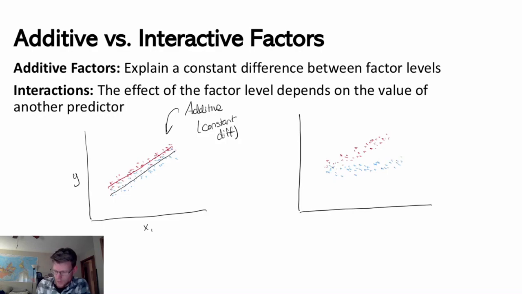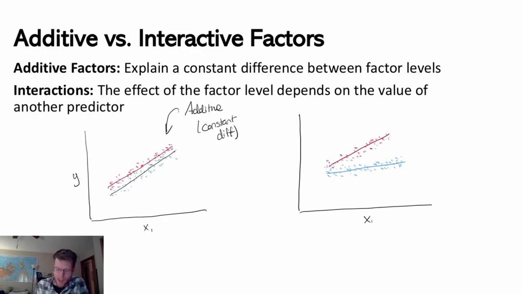So in this case, this would be an example where I have two categories, but the best fit lines really aren't parallel to one another. They actually have separate slopes here. And so that means that this binary predictor not only tells me something about the response variable, but it also interacts with x sub 1, meaning that how this level plays into my prediction actually depends on the value of x sub 1.